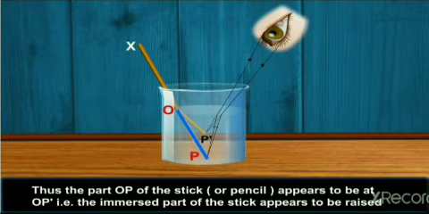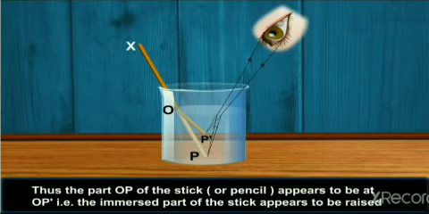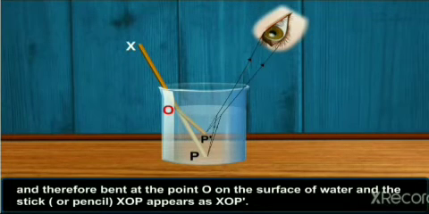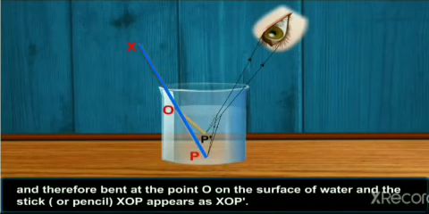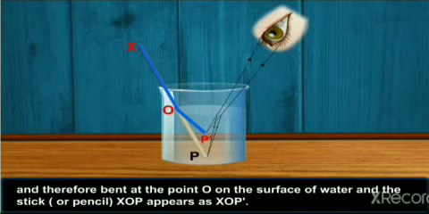Thus, the part OP of the stick or the pencil appears to be at OP dash. That is, the immersed part of the stick appears to be raised and therefore bent at the point O on the surface of water, and the stick or pencil XOP appears as XOP dash.